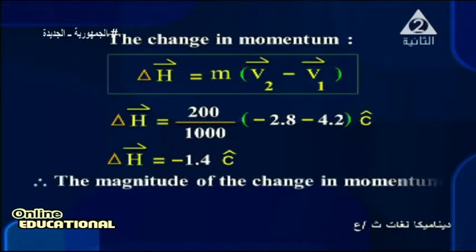Then the magnitude of the change in momentum equals the norm of the vector delta H. The norm of vector negative 1.4 c equals 1.4 kilogram meter per second.